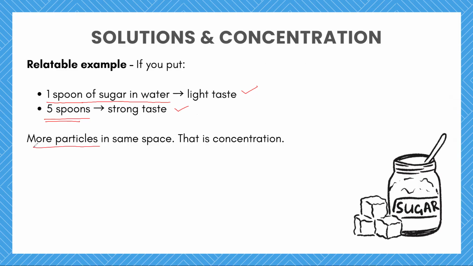So the more particles you have in the same amount of space, the higher the concentration. Concentration and molarity are simply the same thing. We're talking about the amount of solute that we have in a solution that dissolves it. I trust the concept is very much clear now.